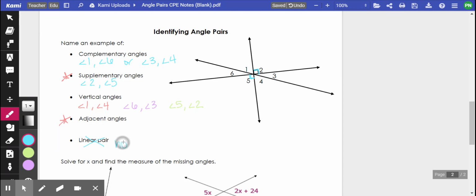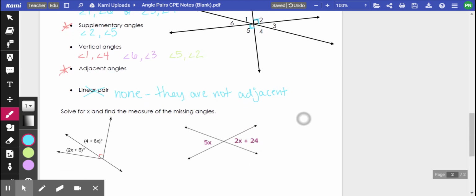So we're going to write none because they are not adjacent. So we do have supplementary angles, but because they're not adjacent to each other, we don't have an example of a linear pair in this example.